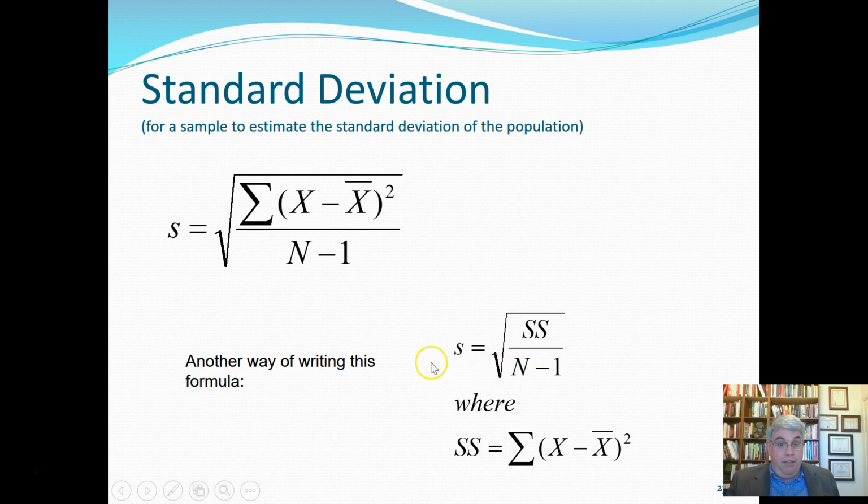Now, these are kind of complex formulas, and fortunately Excel will do this, but I wanted to show you this so that you'd be able to understand what's happening, and so that standard deviations wouldn't be so mysterious.